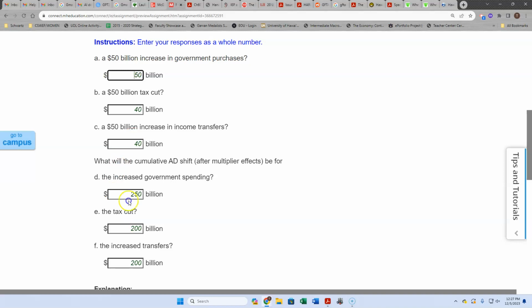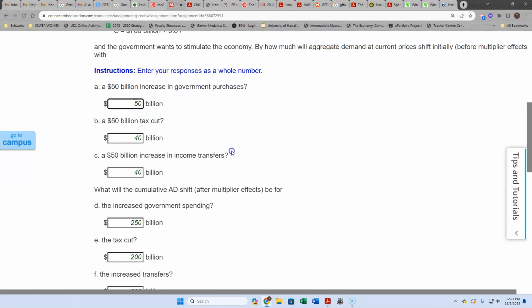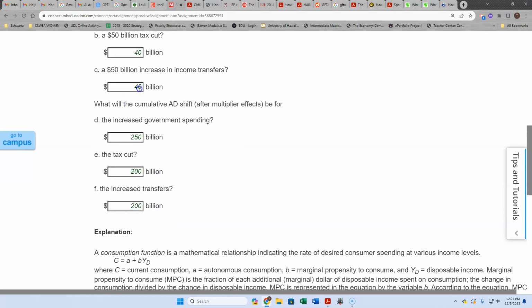For the tax cut, we're now doing 40 times 5, which is 200. So we multiply these amounts by the multiplier, again 1 over 1 minus MPC, or 1 over 1 minus 0.8, which is 1 over 0.2, which is 5. So 40 times 5 here in C is 200.